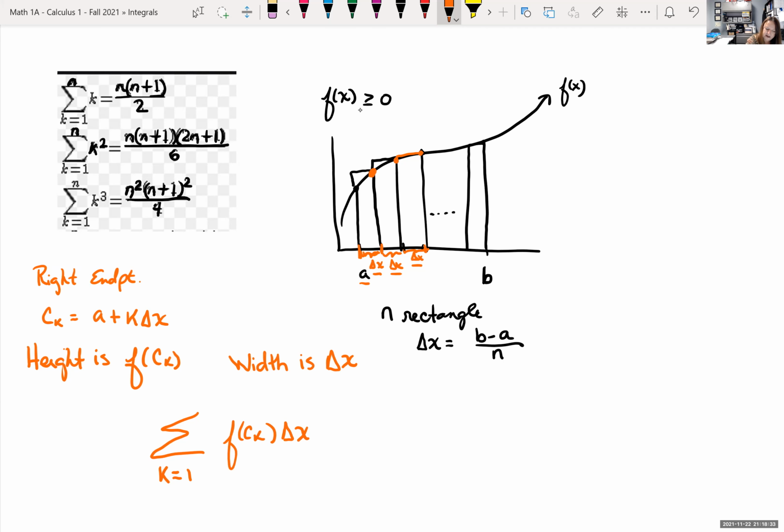That would get us this first right-hand endpoint, to k equals n, because I have n rectangles. So the more rectangles I have, the better the estimate. So let's look at this as the limit as n goes to infinity, and this is going to give us the area under the curve.